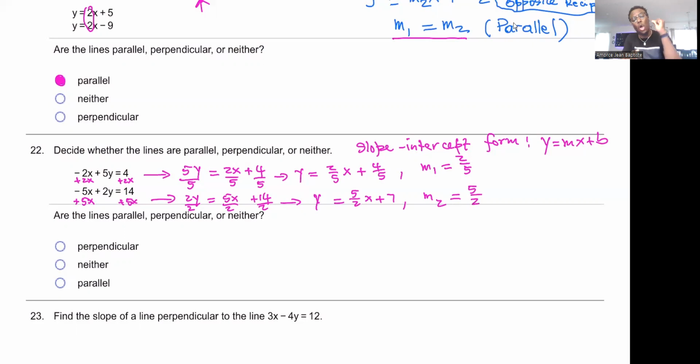These two are close to being opposite reciprocals, but they're not. The reason is because if we're talking opposite reciprocals, we expect one to be positive, one to be negative, and the fractions reversed. But this one, fractions are reversed, of course, but they have the same sign, both positive, so it means it's neither, because they're neither perpendicular nor parallel.